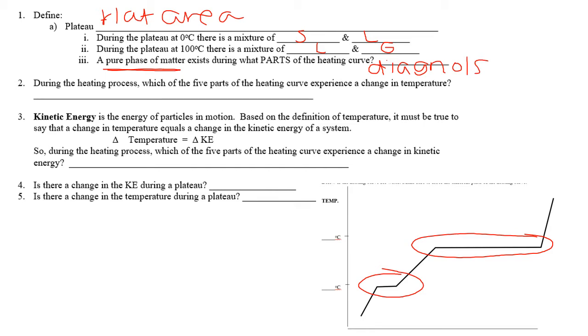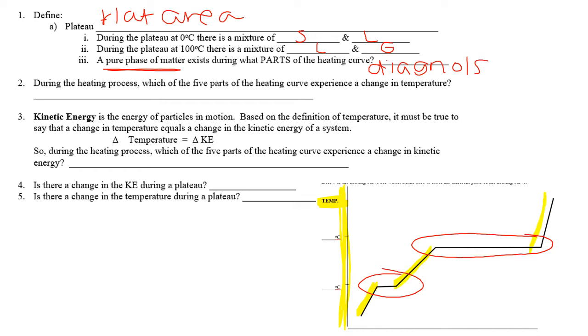Number 2. During the heating process, which of the 5 parts of the heating curve experiences a change in temperature? Well, if you did not notice, temperature was the y-axis. And so what parts of the heating curve is the temperature changing? Well, it's changing right here at this diagonal because the y-axis is going up. Same with here, same with here.